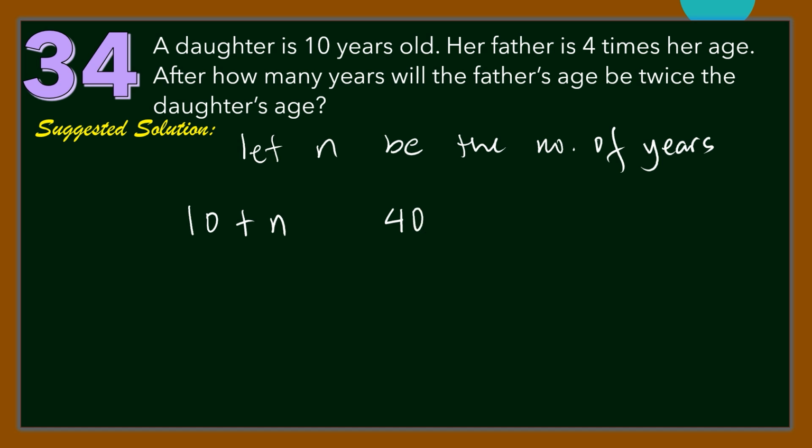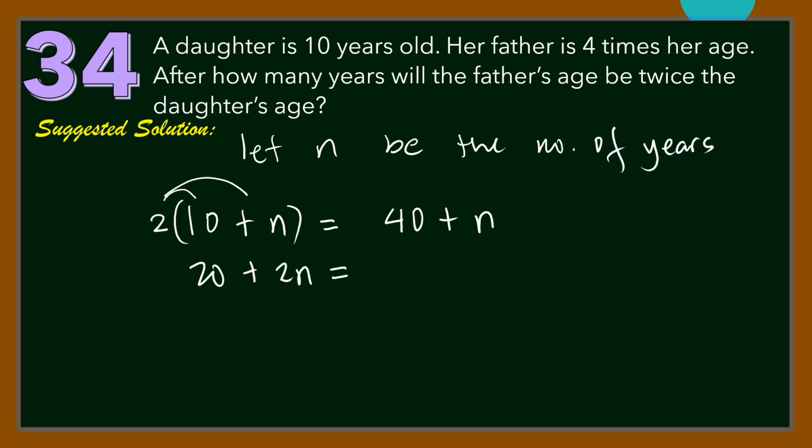After n years, the father should be twice as old as the daughter, so we are going to multiply the age of the daughter by 2, so that these two values will be equal, since 10 plus n is half of 40 plus n. Let us apply the distributive property on the left-hand side. That will be 2 times 10 and 2 times n. This is equal to 40 plus n.